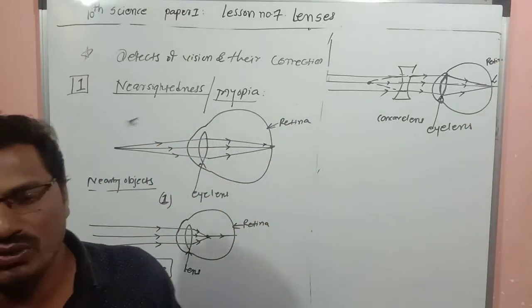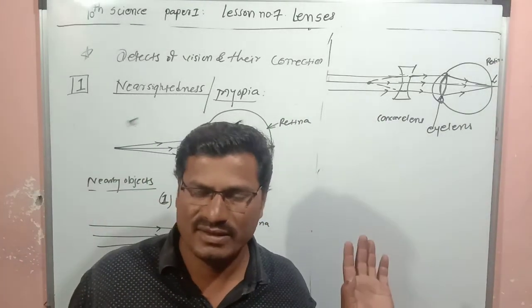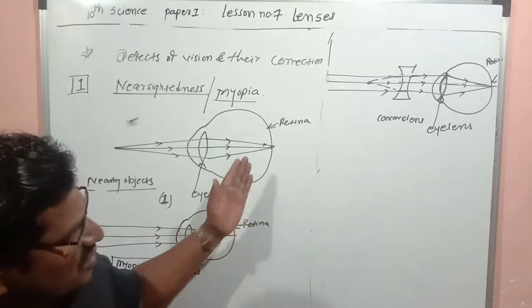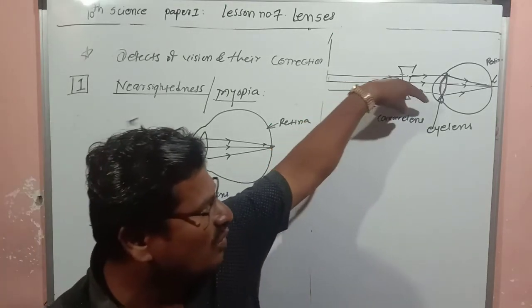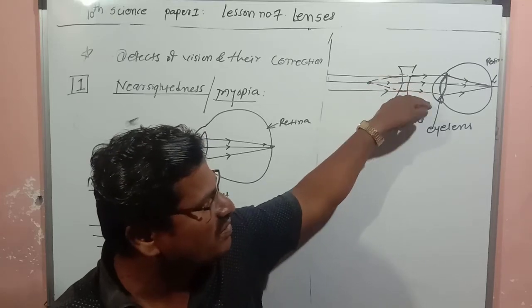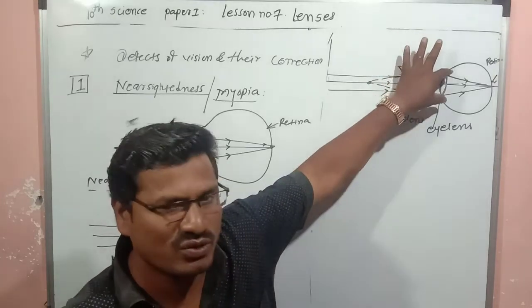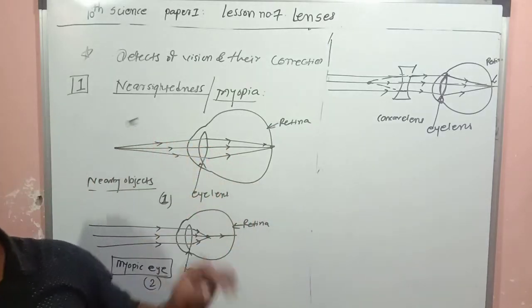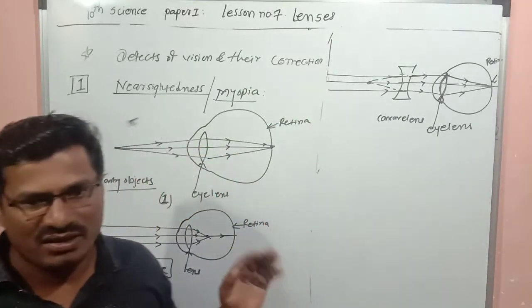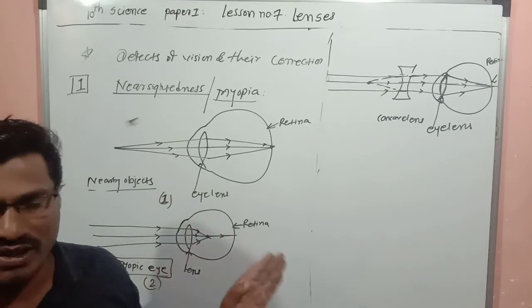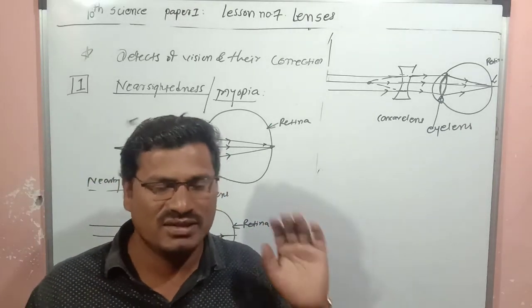So by using concave lens we can correct this defect. So these three diagrams you have to remember. Here light rays are diverged, and again that light rays are converged by the eye lens. So this one is the defect related to nearsightedness.